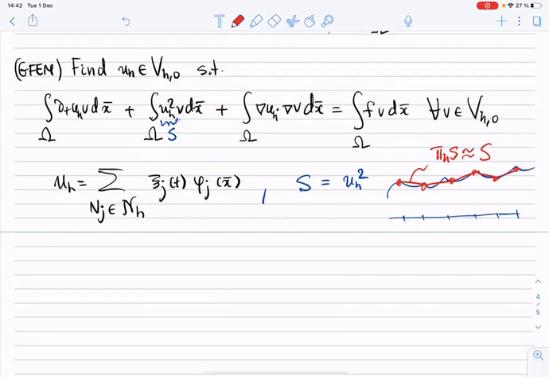So the good thing with this interpolation, we have an error estimate for the interpolation. If you remember, if S is known, the difference between this interpolant and the exact function is estimated by H square times S double prime.